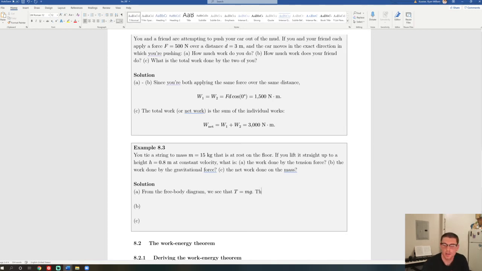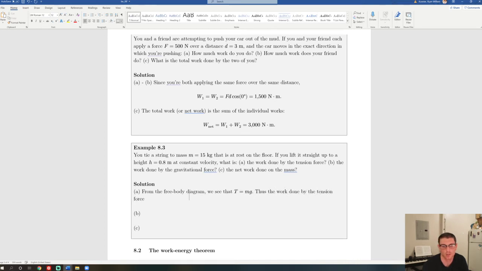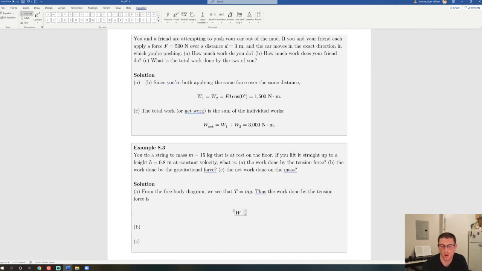So the work done by the tension force is this. I'll call it W sub T, and it's going to be the tension force times the height times cosine, and remember we said that that angle was 0 degrees, right? So this just works out to be T h, and then remembering that T is just mg, it works out to be mgh.